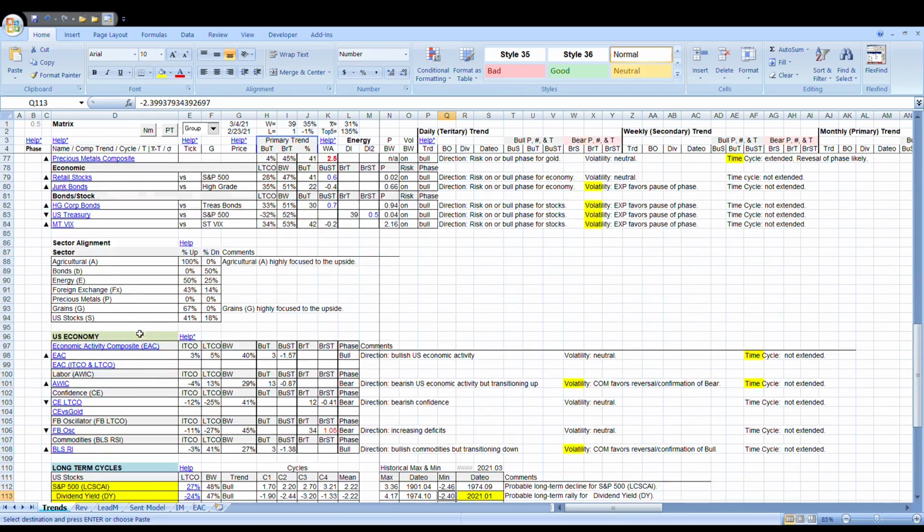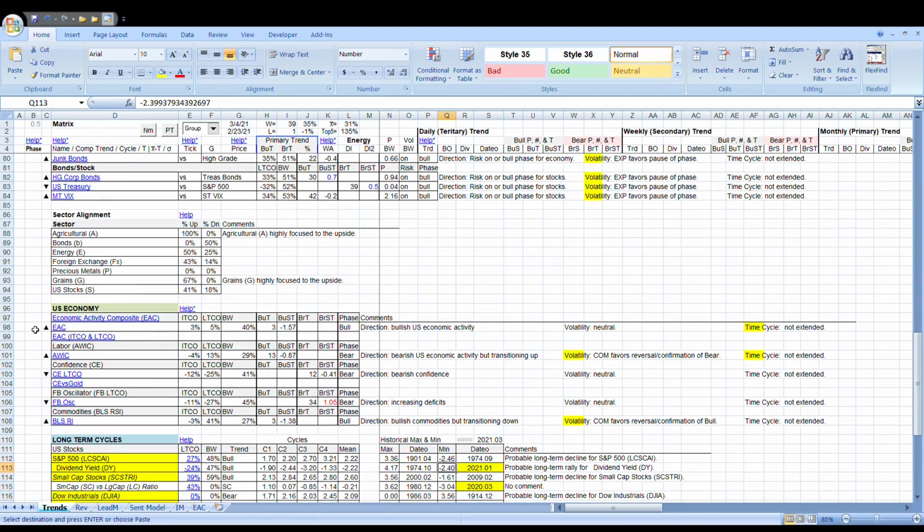If you coincide this with an economic backdrop that's considered to be positive, but it's relatively weak, almost neutral at best, that's a problem, and this will all have to be recalculated again. And you can see within it, confidence is still in a bear phase, and it's not getting any better as of yet.